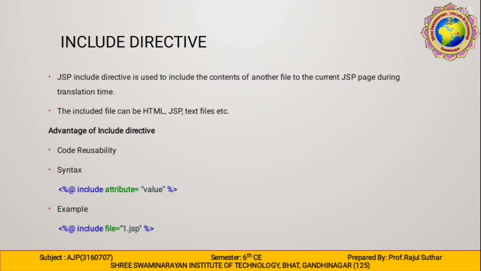So this 1.jsp is used to combine the content of two or more files. It is combined during the translation phase of the JSP lifecycle. It is the same as the request dispatcher in Servlet.